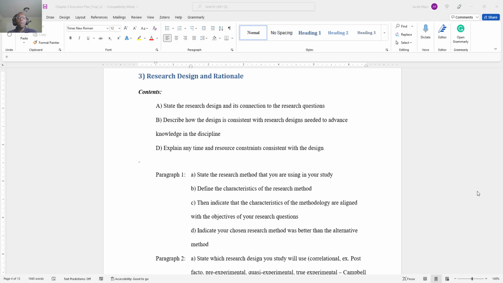All right, so now we are in the third section of chapter 3, the methodology chapter, and this focuses on the research design and rationale. Now, here we have a lot to focus on, so we're going to break it up by paragraph, okay?